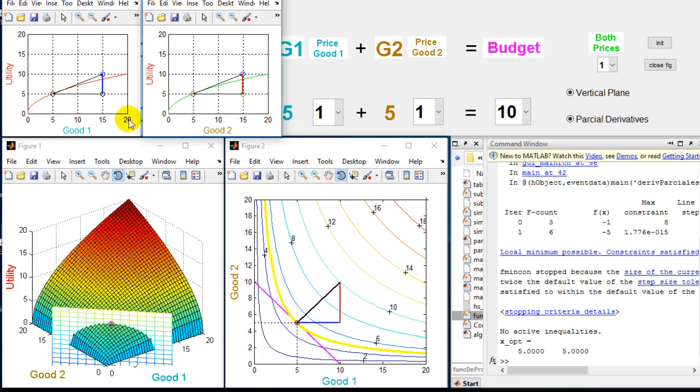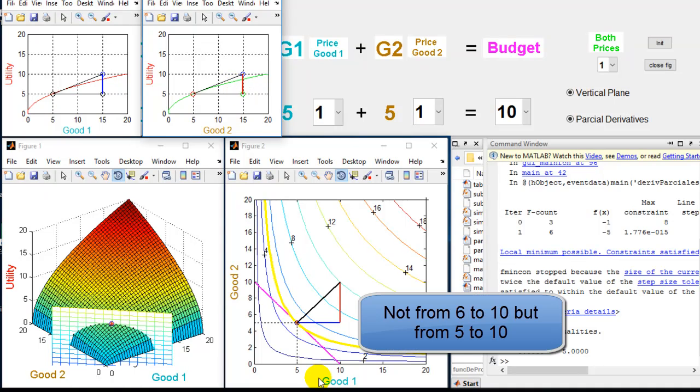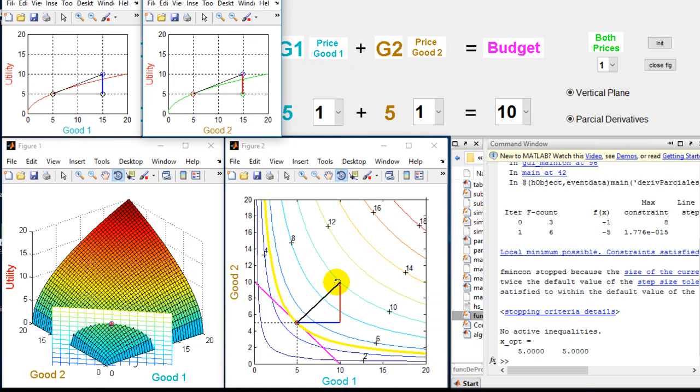And here you do the opposite: good 1 is constant, and you vary only good 2, and then you get these two derivatives. The value of the derivative that you can see here is 5, and the other one is also 5. Then with these two partial derivatives, you get the gradient, which is this.